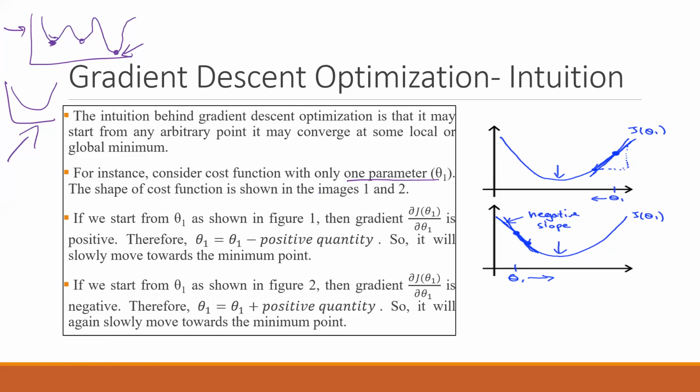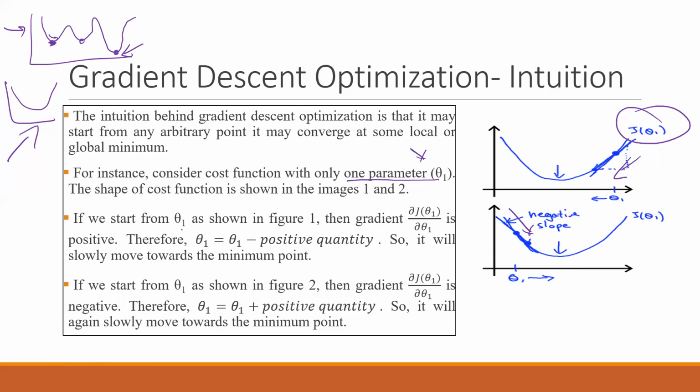Let's say you have only one parameter for now, and your J(theta) looks something like this. We will see what the slope is on the left hand side and the right hand side. On the left hand side, the slope will be negative. If you are moving in this direction, it will be positive.